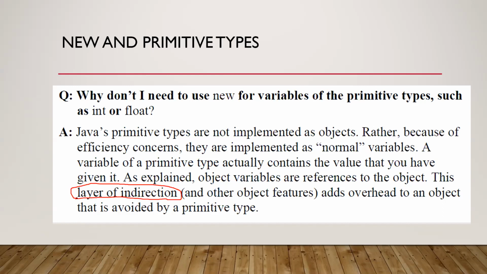So it is very important that integer and float operations happen very, very quickly, because that determines how fast your computer is. So it is not a very good idea to add a layer of indirection and go through that.